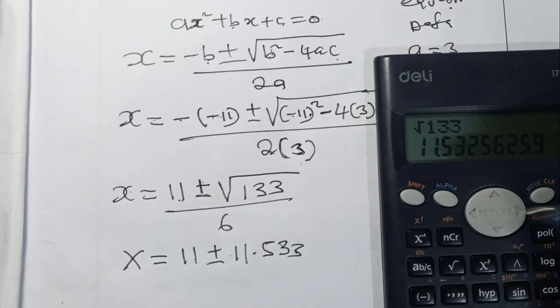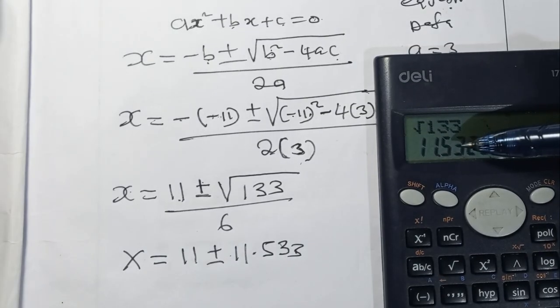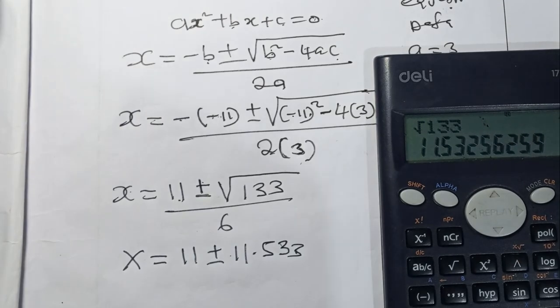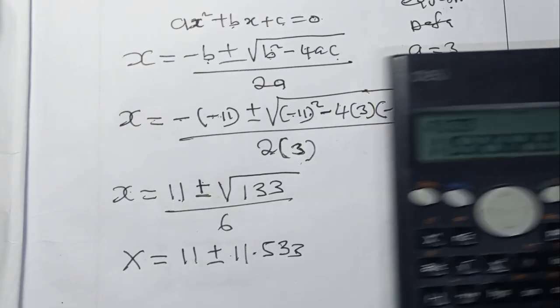At least you can do 4 decimal places or 3 decimal places. It's okay to give the accurate answer.